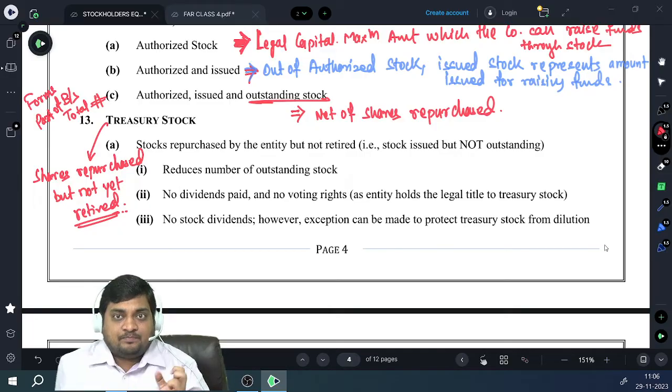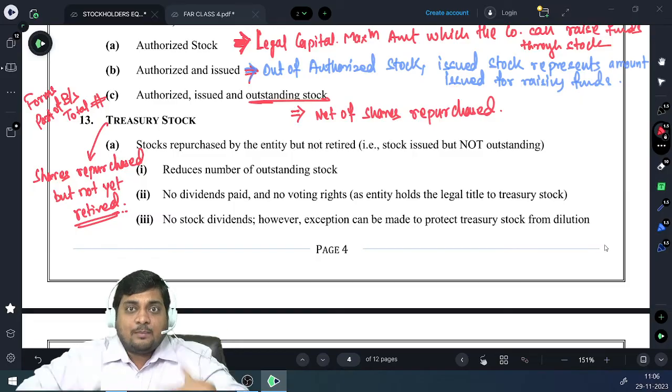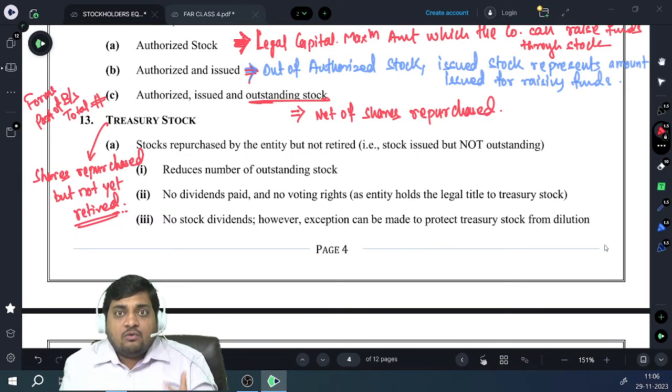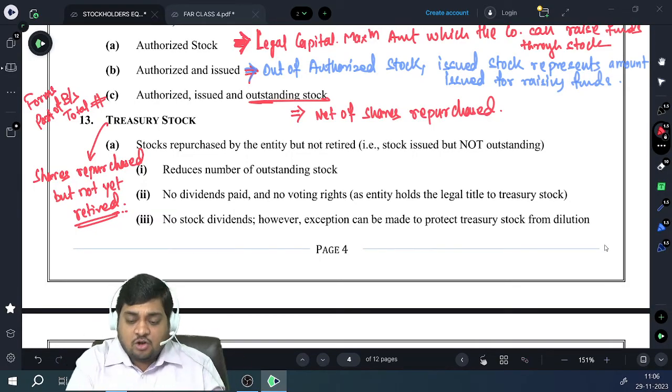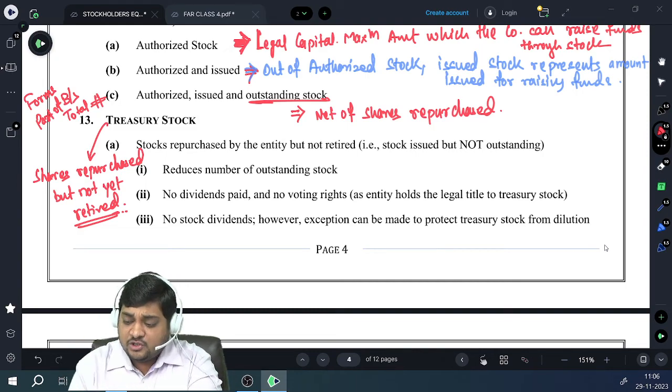Till that time you don't get any dividend, because the company is the legal owner. Company cannot pay dividend to him, right? I cannot pay dividend to myself, right? Similarly, the company cannot pay dividend to company itself, right? There will be no voting rights, because the number of outstanding stocks has reduced. So in case of stock repurchased but not yet retired, that is treasury stock, there are few points which you need to note.